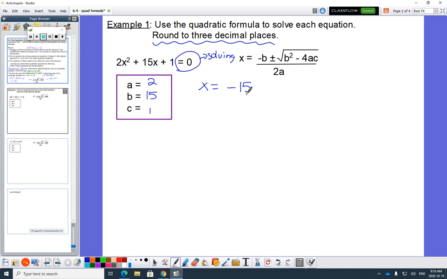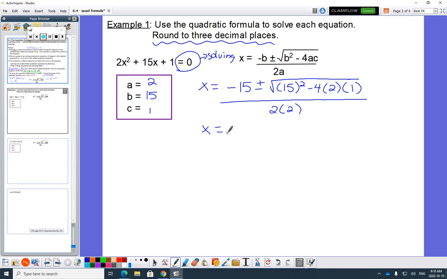So this time our B is positive, so we can just plug it into the negative B part. Okay, so I'm going to simplify things a little bit before I split into the positive and the negative root.